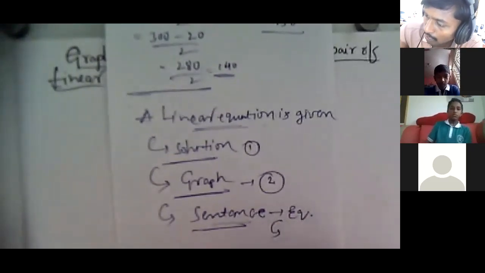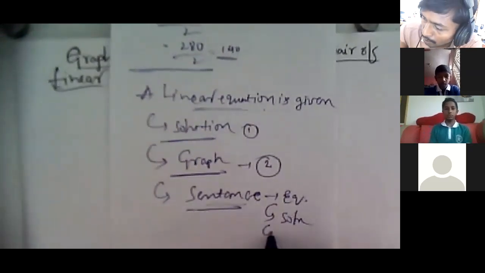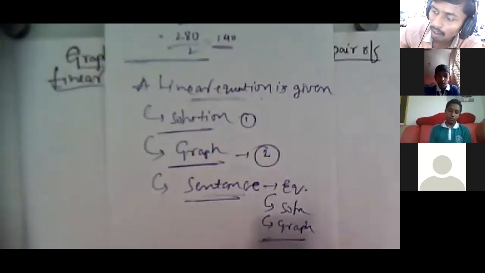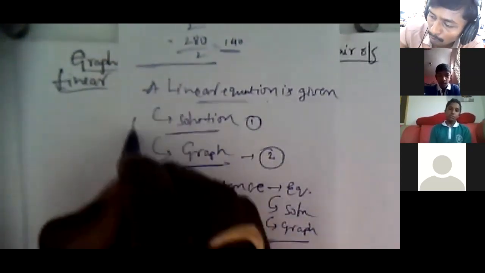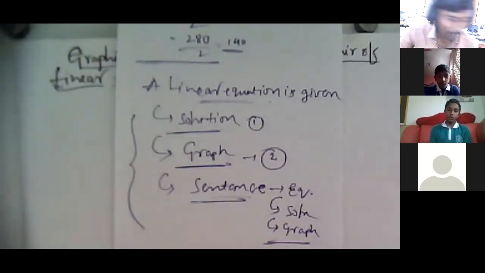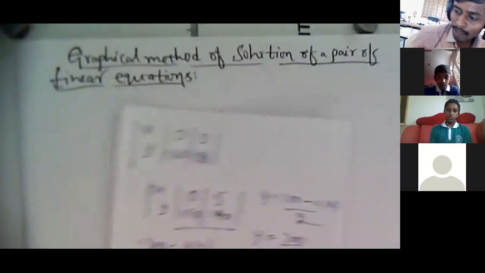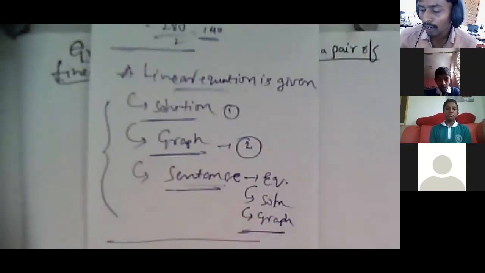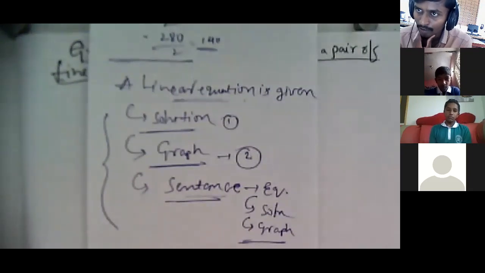By using these equations, we find the solutions. Next, by using these solutions, we plot the graph. All these types of problems are over. But this graphical method of solution of a pair of linear equations is an applied level concept.